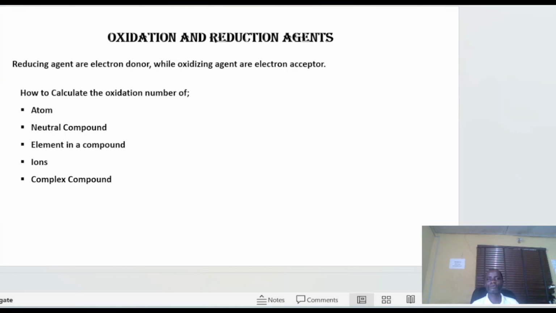But oxidation and reduction cannot occur without two agents called reducing agents and oxidizing agents.